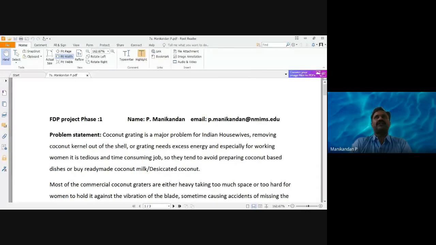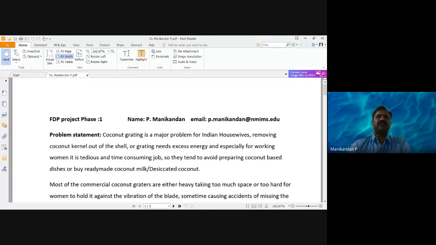But one thing seems to be a problem all this while. In the commercial kitchens, we used to grate coconuts. Mostly men will be doing the job, and we used to grate 200, 300 coconuts also using commercial machines. But when it comes to domestic purpose, it is still a problem. Why is it still a problem? Because we don't have the ideal coconut grater.